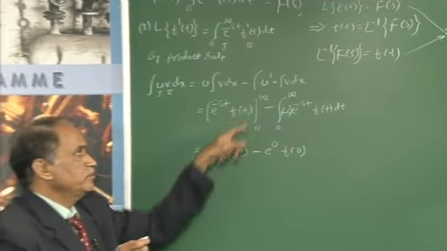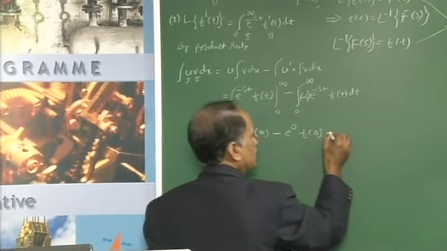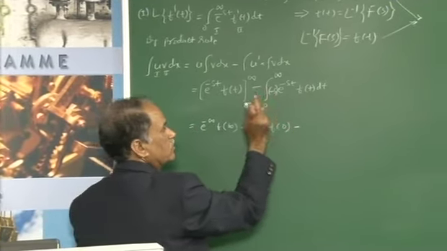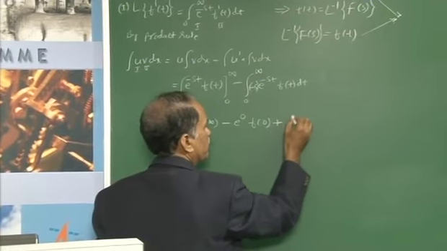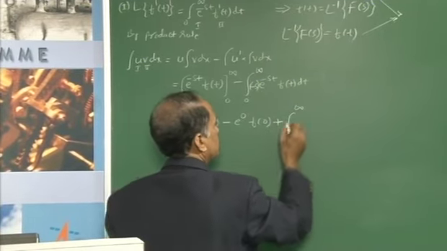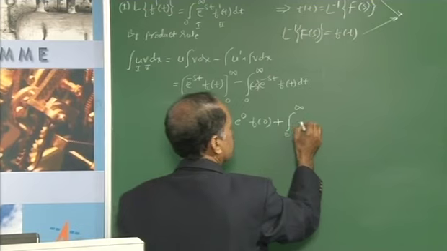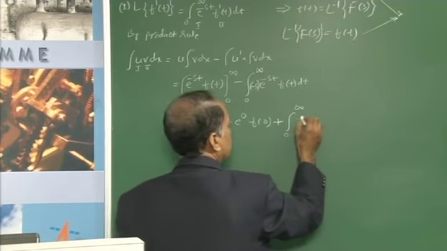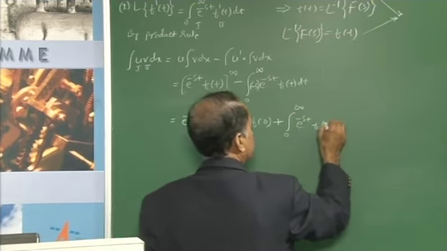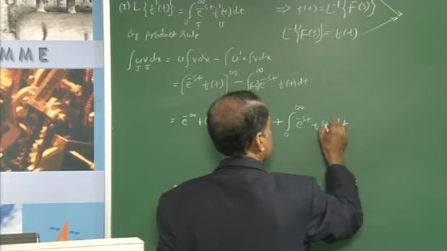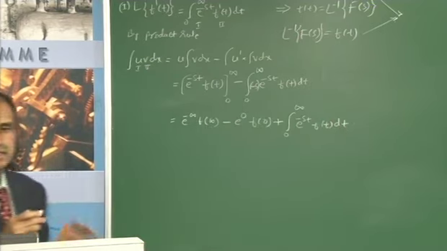Application of these two limits is over, minus, this minus and one more minus becomes plus sign, inside the integral symbol 0 to infinity e to the power minus st f of t dt.